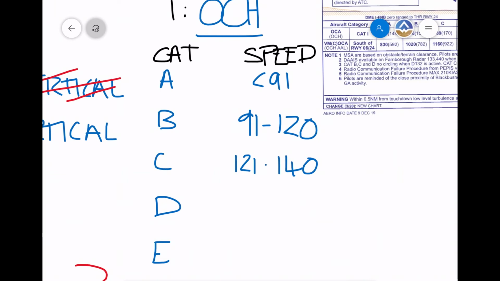Just as above, if you cross the threshold between those speeds, well, you're category C. D is 141 to 165. These are some of the bigger jets. And lastly is 166 to 210 for category E. We're talking quite specialised military jets in that scenario there.